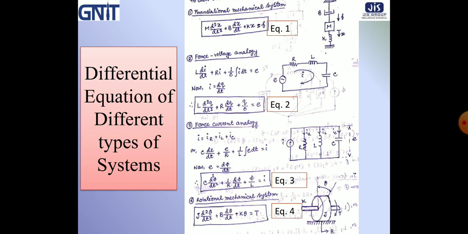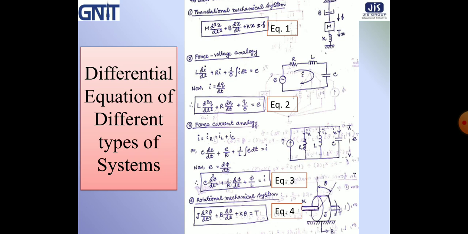So for this RLC series circuit, if we write down the KVL equation, then the equation will be: total voltage applied, that is small e, is equal to drop in resistor, that is Ri, plus drop in inductor, that is L di dt, plus drop in capacitor, or voltage across capacitor, that is 1 by C integral of i dt.